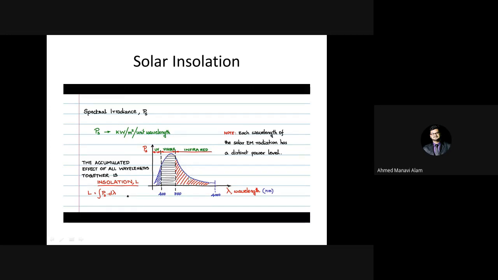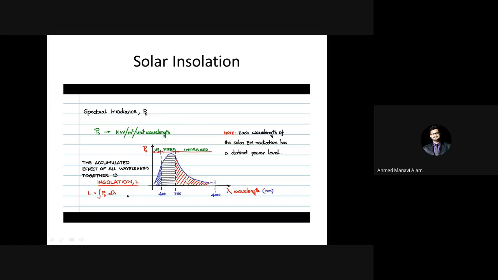Each wavelength of the solar electromagnetic radiation has a distinct power level. Some power levels are high, some are low; some are in the ultraviolet region, some in the visible ray region, some in the infrared.